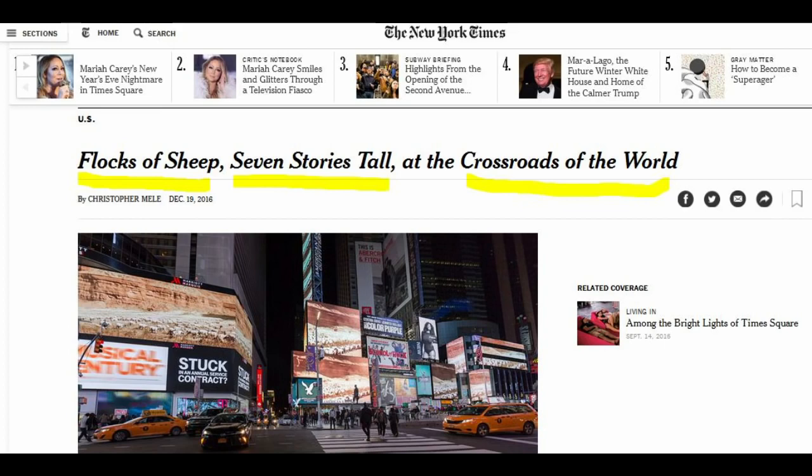And the article that was written about it by the New York Times in December says, flocks of sheep, 7 stories tall, at the crossroads of the world.